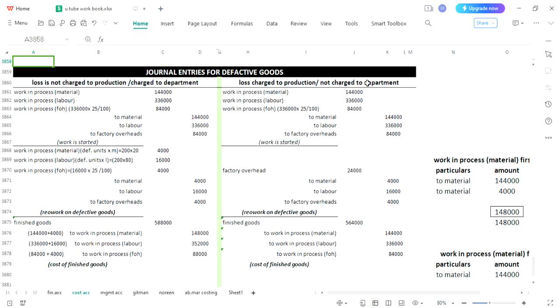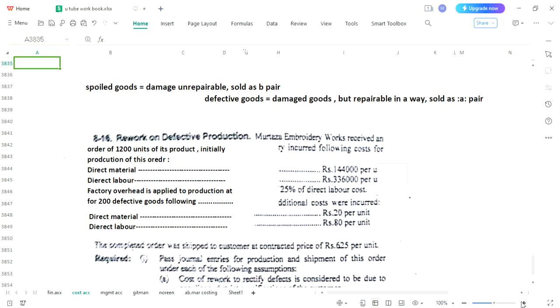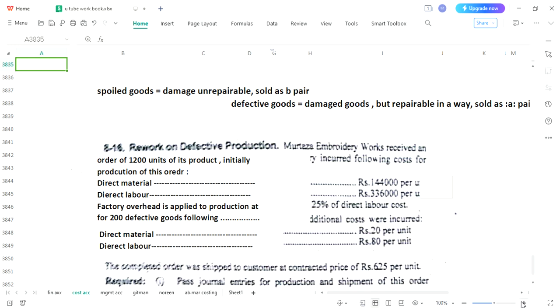So in this way, our first question has been completed and you are required to write it down, you are required to practice it, you are required to solve these journal entries at least 3 to 4 times so that you can have a very solid space in your brain for this question.